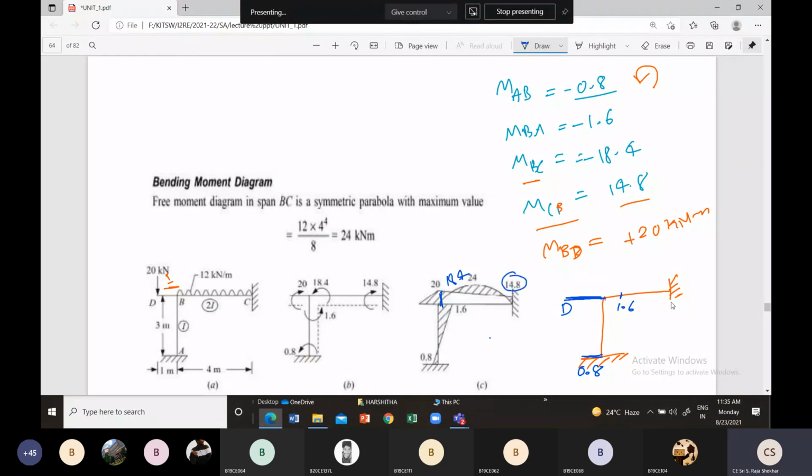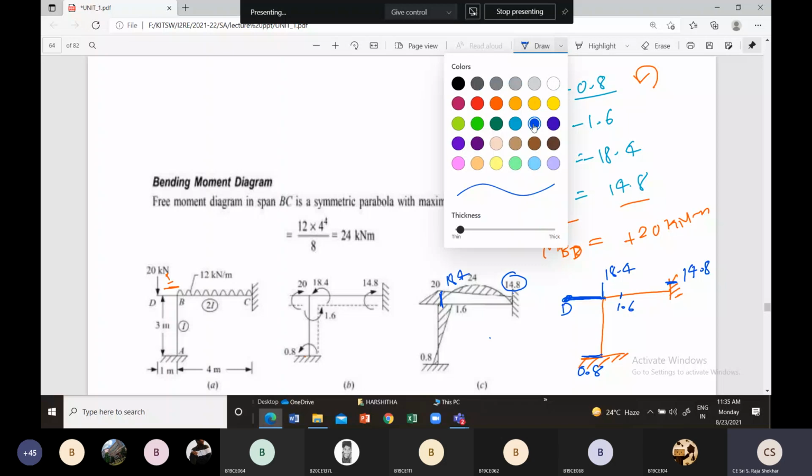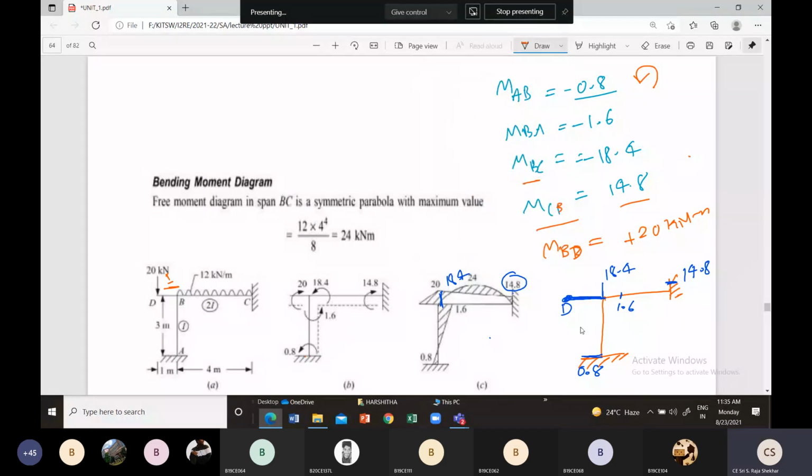Just represent like this. Here it is 0. Developed moment is 0 at here. Just what you need to do is join all these points. So this is the fixed end moment diagram.